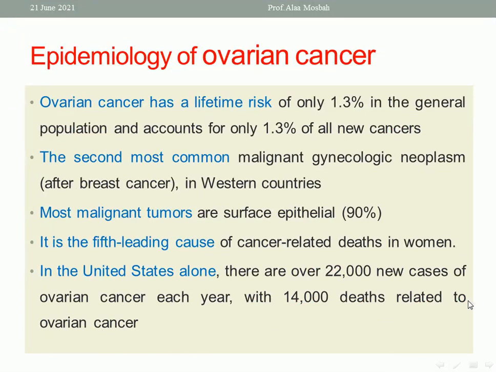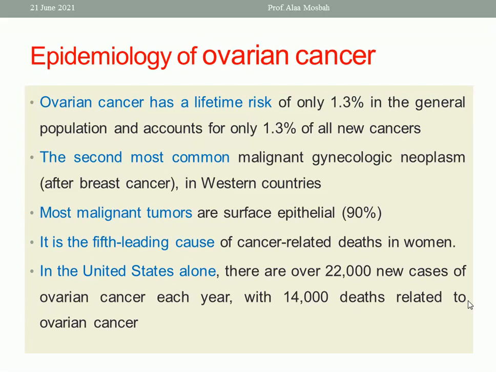Ovarian cancer has a lifetime risk of 1.3% in the general population and accounts for only 1.3% of all new cancers. It is the second most common malignant gynecologic neoplasm after the breast in Western countries.